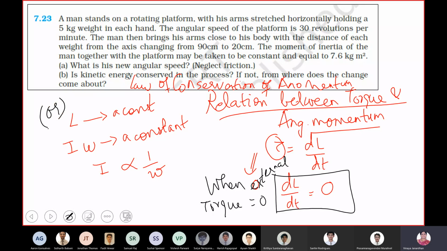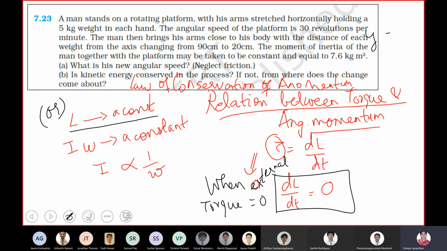See, dL by dt is 0, which means your L is a constant. Your angular momentum is not changing with time. So any constant value, if you differentiate, it becomes equal to 0.